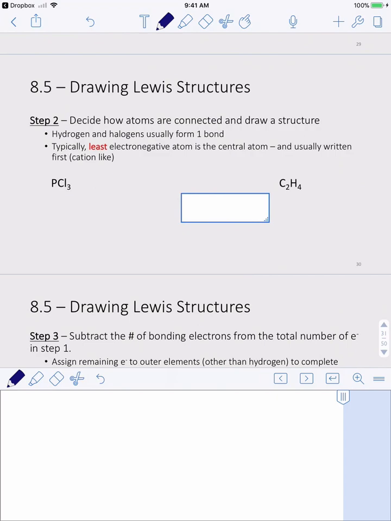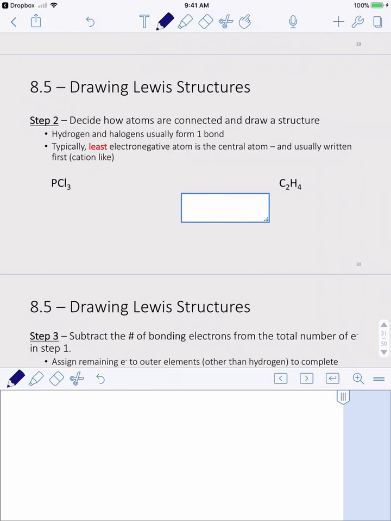Typically what we do is we find the least electronegative atom and we put that in the center. These compounds are always written, if you remember back from the previous chapter, with the cation-like one first. The cation-like one is the one that's going to be more like the positive cation, and the anion-like one comes second, and it's going to be more negative.